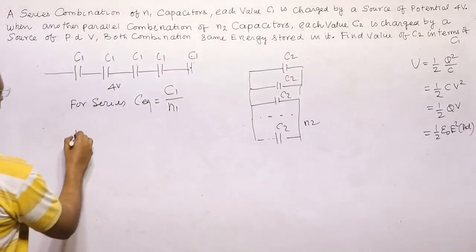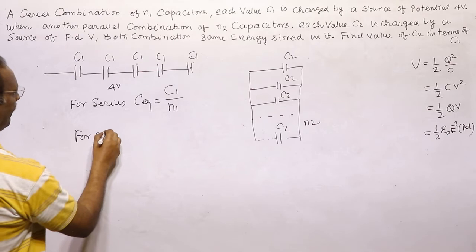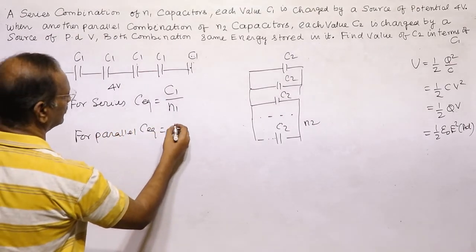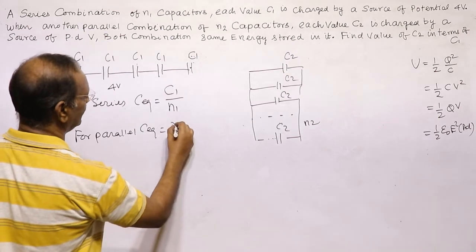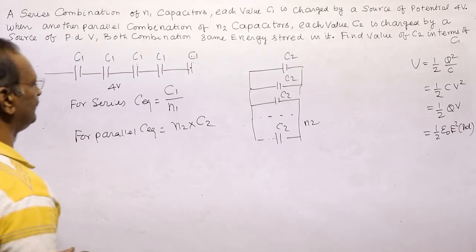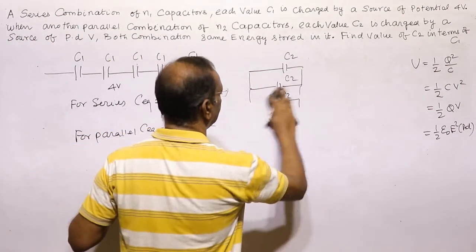For a parallel combination, C equivalent is equal to the number of capacitors, N2, into any one capacitor, C2.